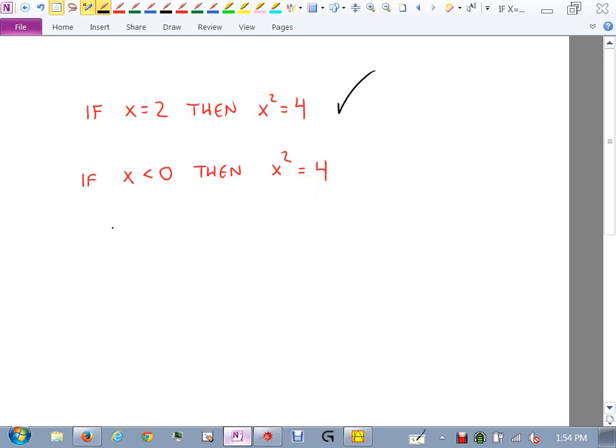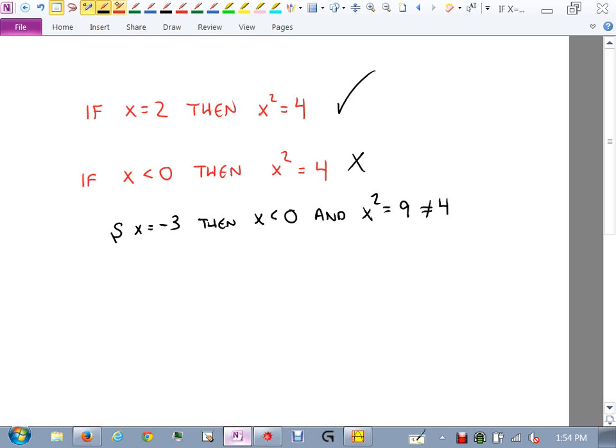Suppose x equals negative 3. Then x is definitely less than 0, and x squared equals 9, which is definitely not 4, which means I've proven you wrong. So that statement is not true, right?